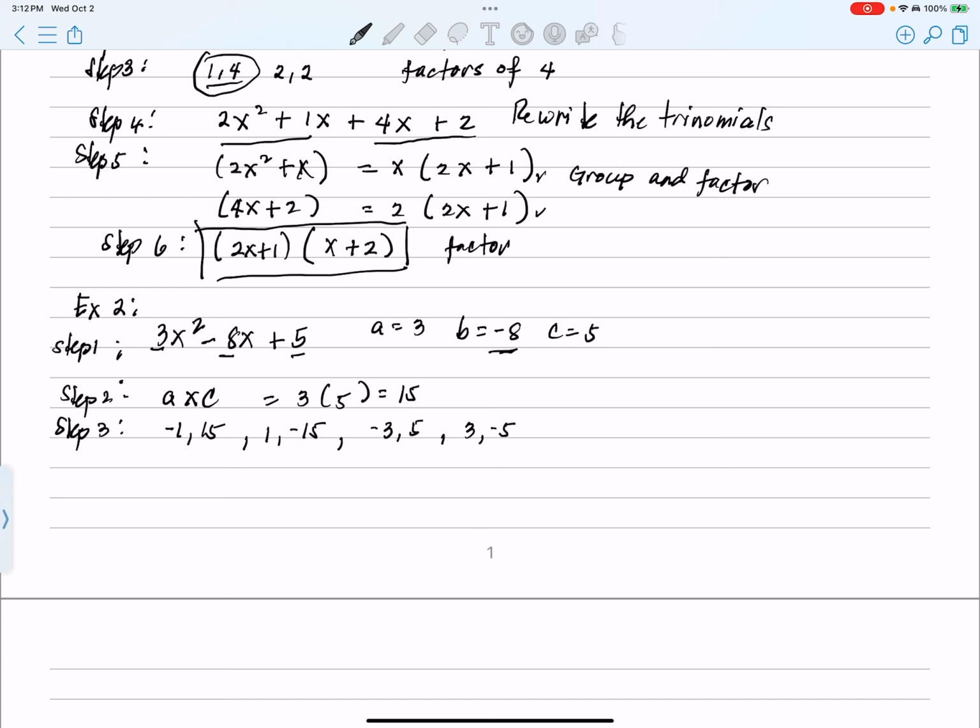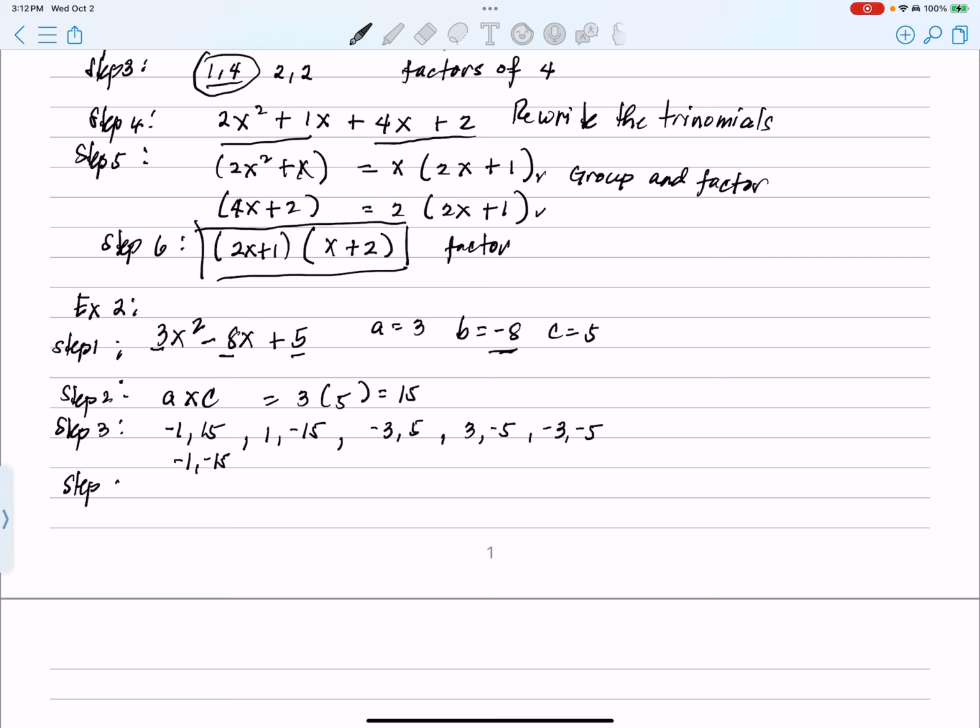How about if I have both negative? I could have negative 1 and negative 15 as well. Since we are getting the sum. These are the factors. Now next step.